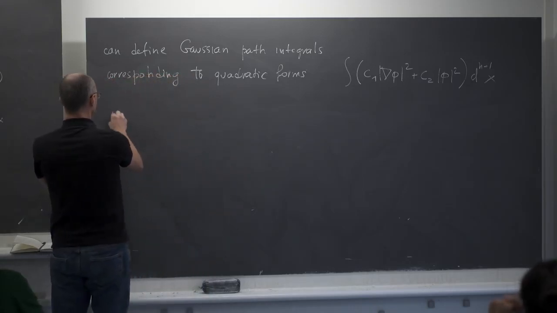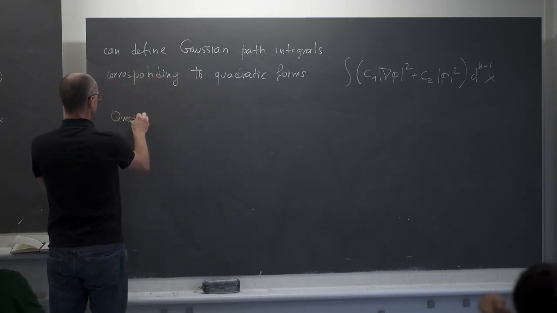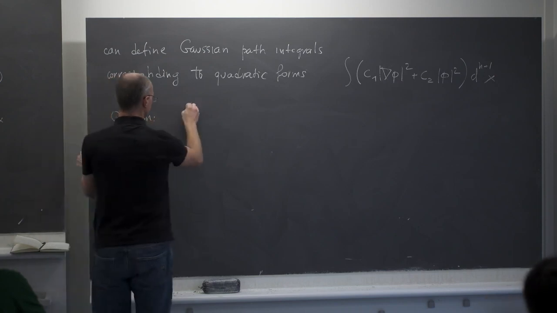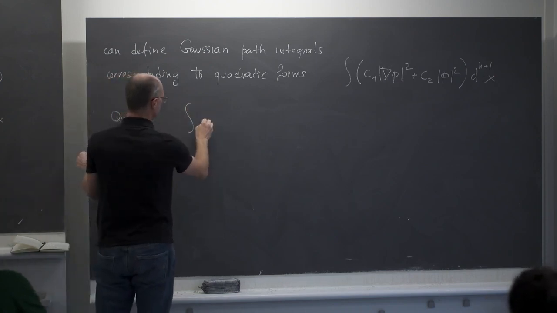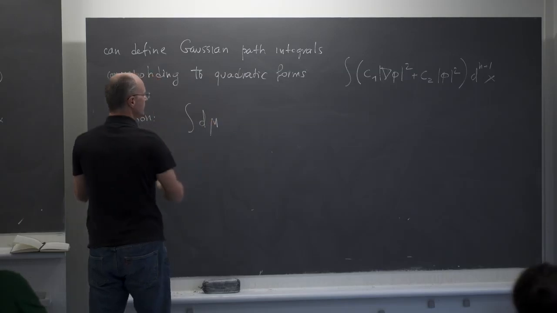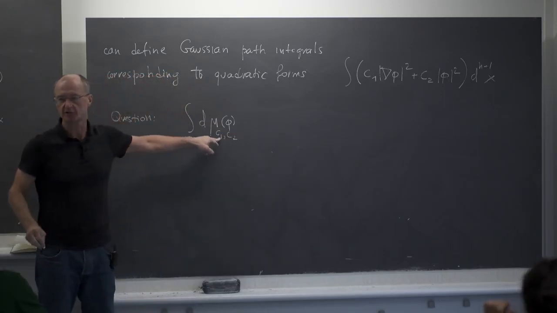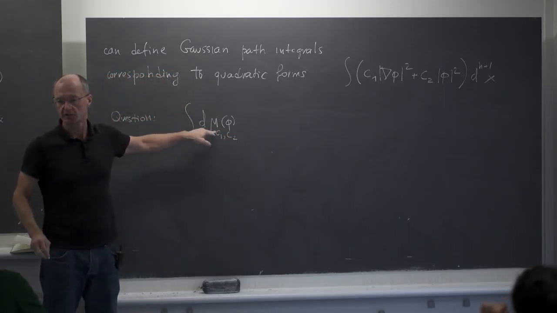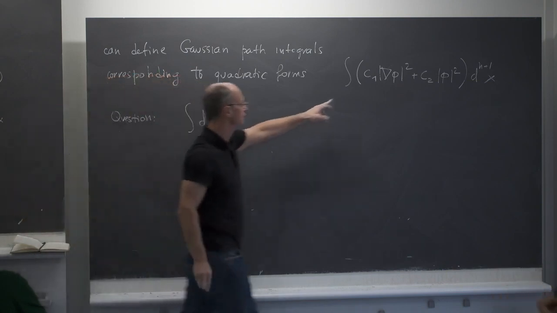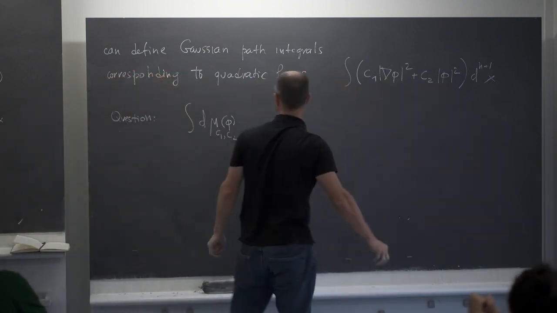So now the question is what you need to define. Suppose we have such a measure of phi. C1 and C2 will be its parameters, similar to sigma. Before, we had a parameter sigma, so there will be those parameters.